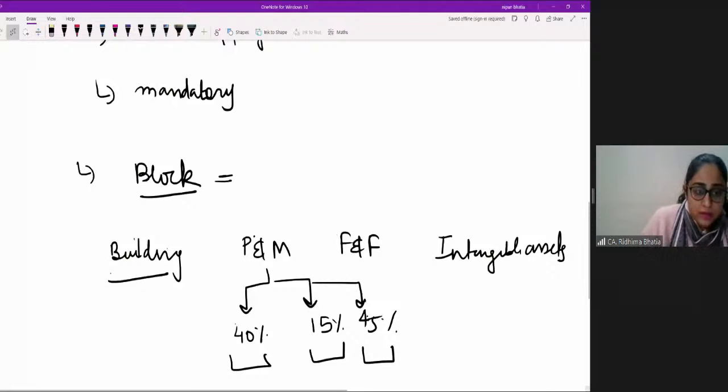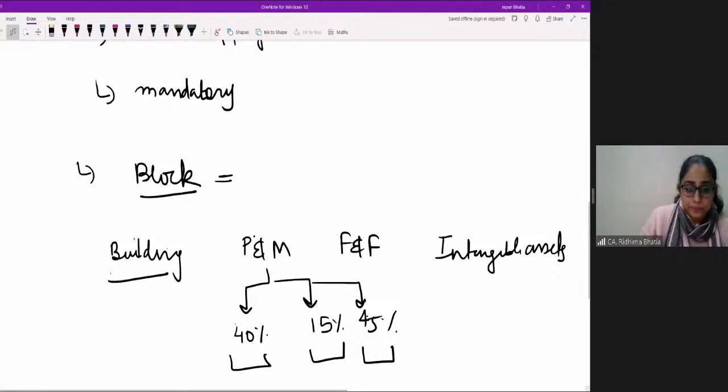See, I acquired the asset, but I have not put to use. I had acquired the asset in previous year 16-17, but till this previous year 2021, I have not put to use, so I cannot claim the depreciation. The depreciation will begin from the year when I actually put to use, number one.